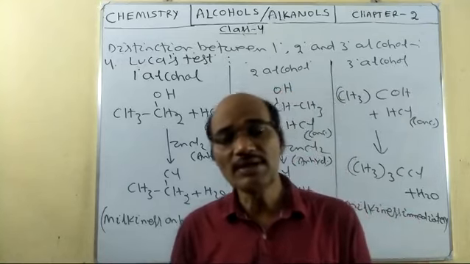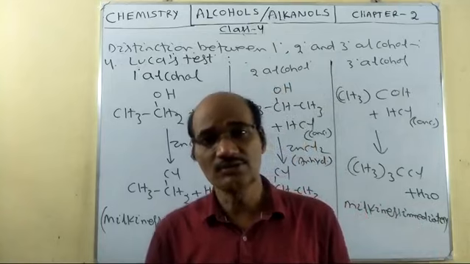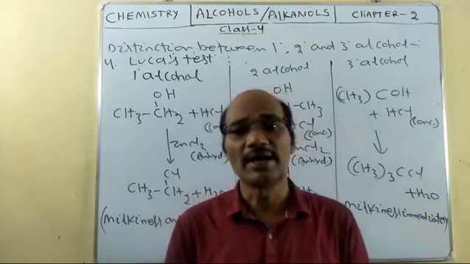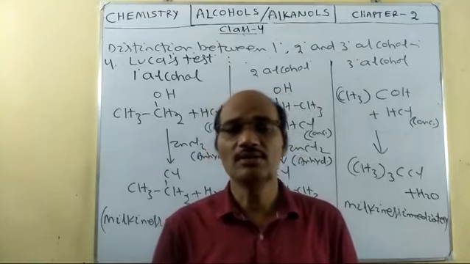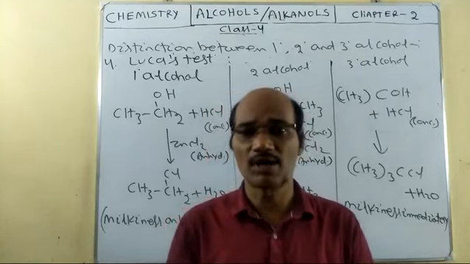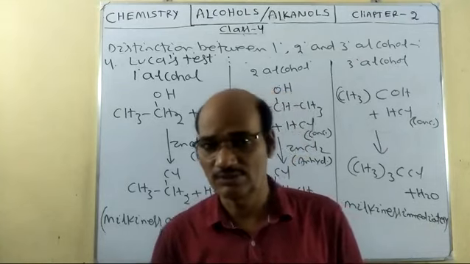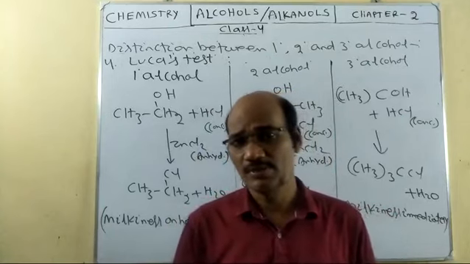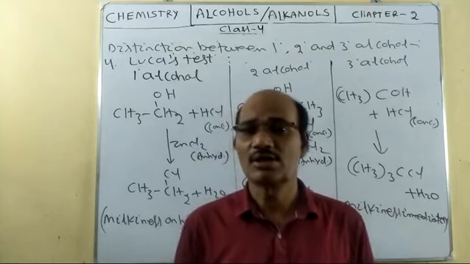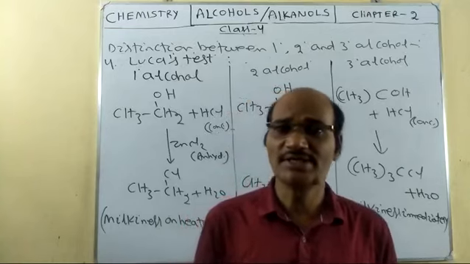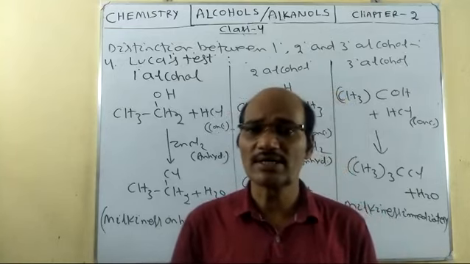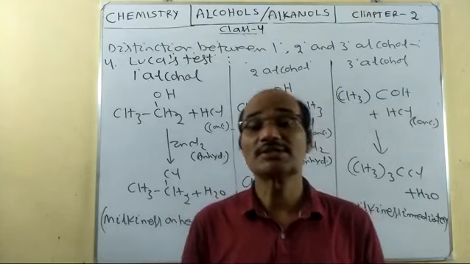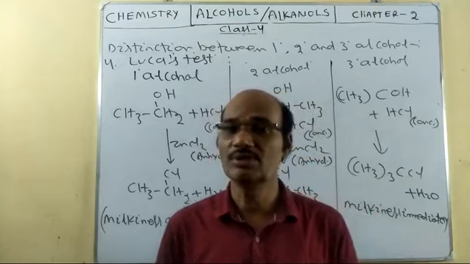So when primary alcohol is treated with Lucas reagent, alkyl halides are formed along with water. In the secondary alcohol also the same result is obtained, and so also with the tertiary alcohol, haloalkane along with water.